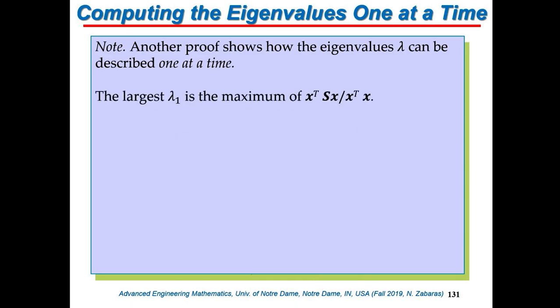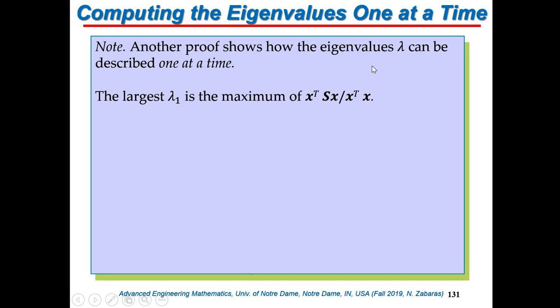You can prove with a very simple one-line calculation that the largest eigenvalue, lambda 1, can be computed as the maximum of this ratio that you see here, x transpose A x divided by x transpose x. If you take the optimum of this, you can show that you do get lambda 1 and the corresponding eigenvector.